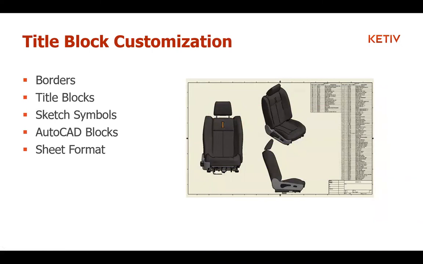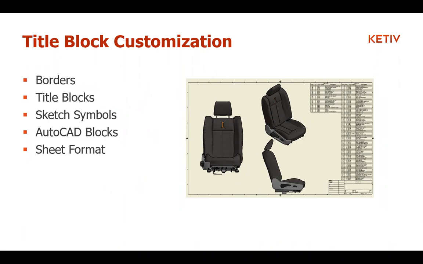So here are the variables we'll be adjusting in our template. First, we'll be going into the borders, which is what goes around the template, the drawing. Title block, of course, is what is at the bottom right-hand corner of the screen with the logo, usually the company logo, sheet size, designer, information like that. Sketch symbols.